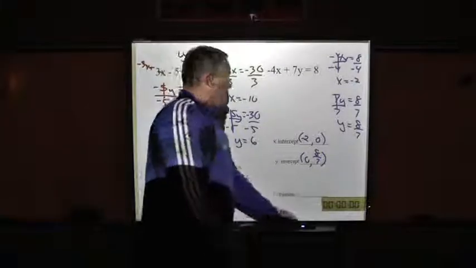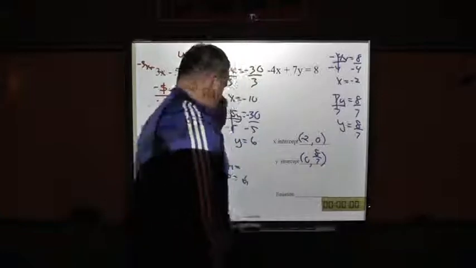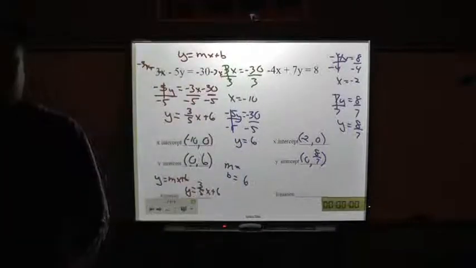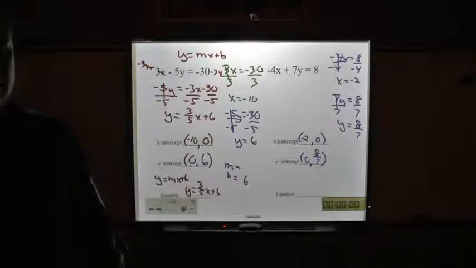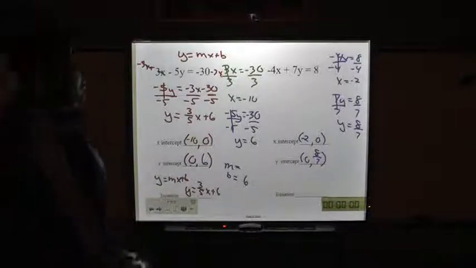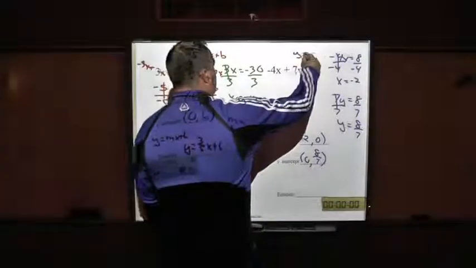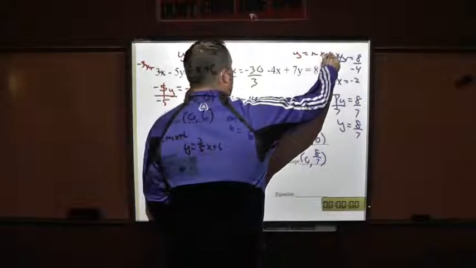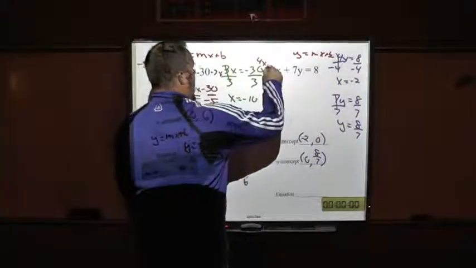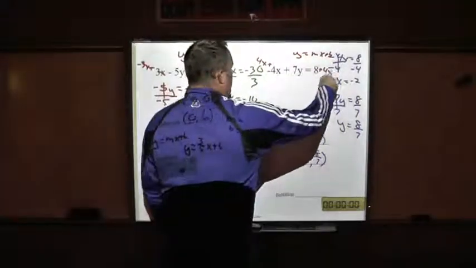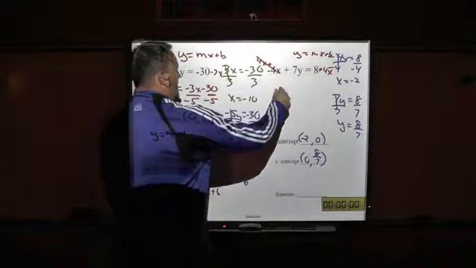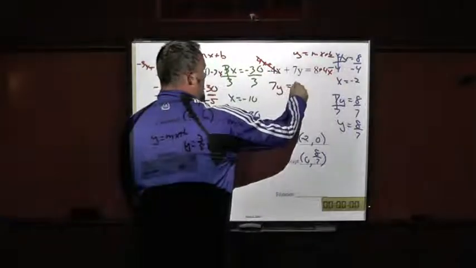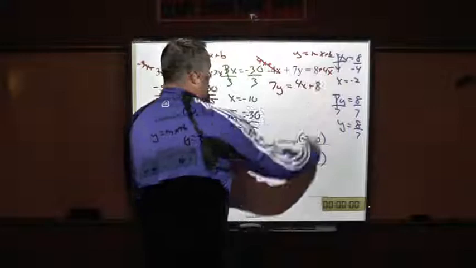So, as we did before, we've got to find the equation in slope-intercept form. So let's put this equation in the y equals mx plus b form. So let's add the opposite of the negative 4x on both sides, the positive 4x. So negative 4x plus 4x is 0. So you get 7y is equal to 4x plus 8.